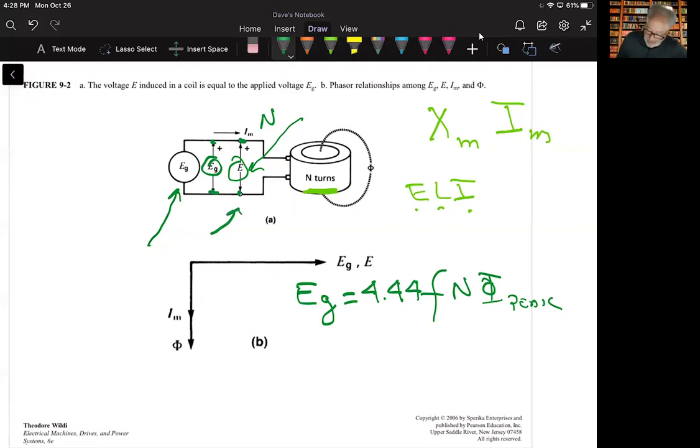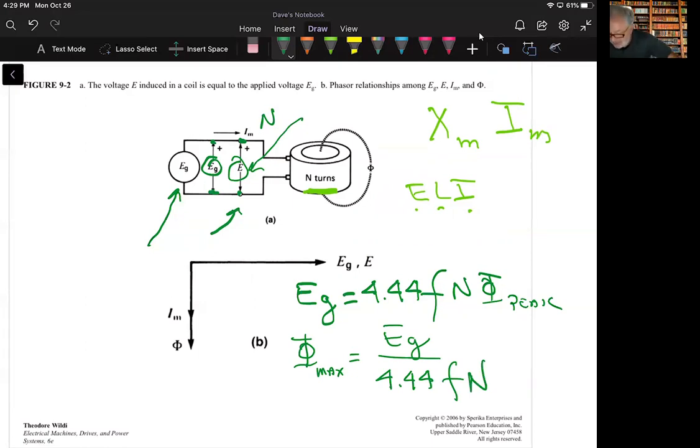Our equation 9.1 was the equation for an induced voltage. And so we've rewritten that as this, and then I can also solve it for this maximum flux value, and that gets me this equation, which is 9.2. It's just this equation solved for the peak flux.